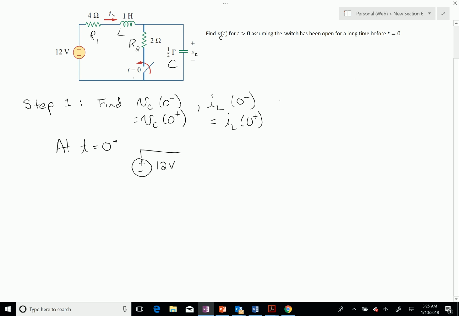If at 0 minus that switch has been open for a really long time, that tells us that the inductor basically looks like a short circuit at that point, because in steady state an inductor looks like a short and a capacitor looks like an open. So that tells us that we have 4 ohms here.